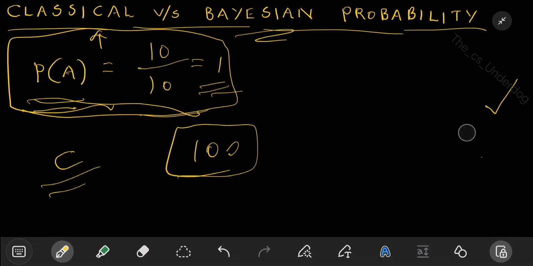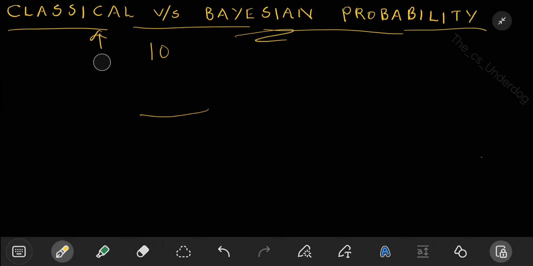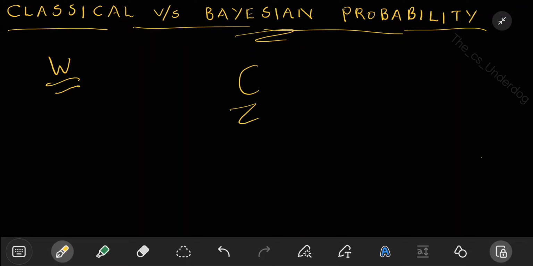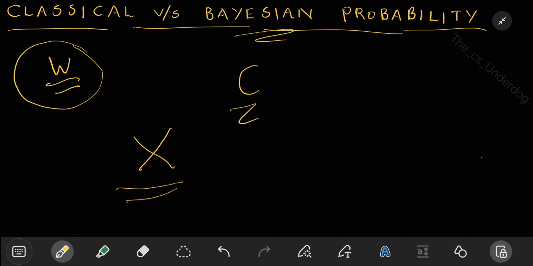So let us go back to finding W in curve fitting. Consider the classical approach. What happens in the classical approach? We normally use least squares regression or something like that. And when we use this in the classical approach, it typically does not explicitly model uncertainty in the coefficient W. Instead, it gives a point estimate for W. So what is a point estimate?